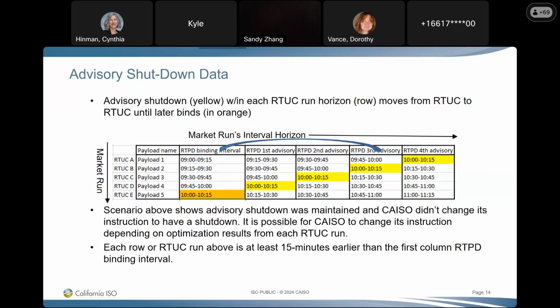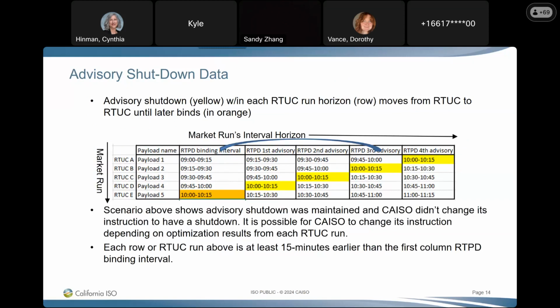So let's take a look at what we're talking about when we're talking about advisories, advisory intervals. We have here a market run. It has five different market runs, RTUCA through E. And you can see that RTUCA, the first line, is the binding interval of 9 o'clock through 9:15.